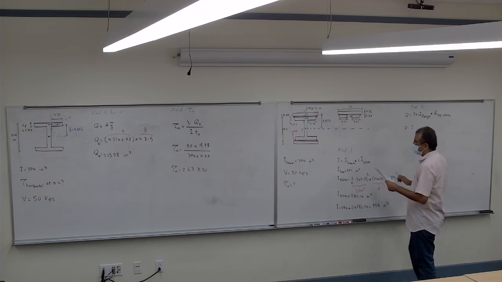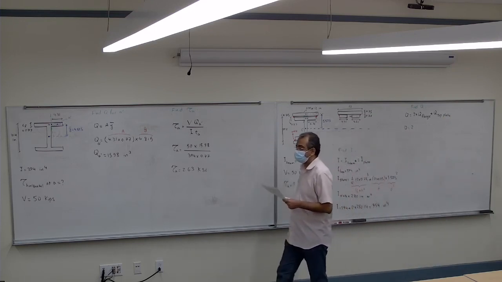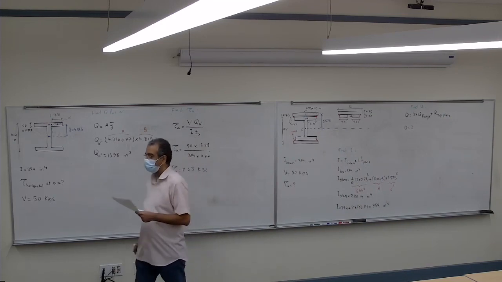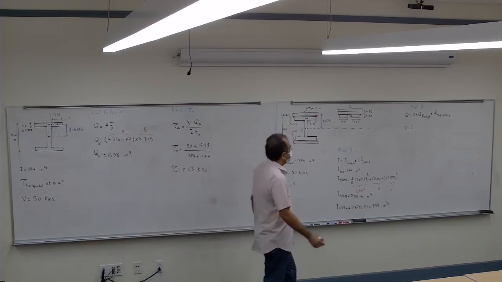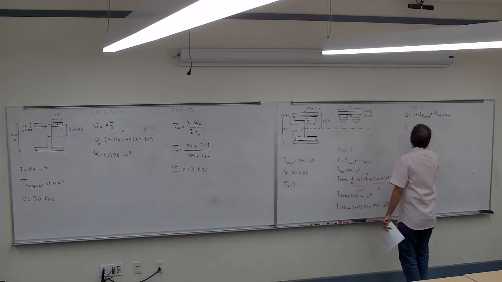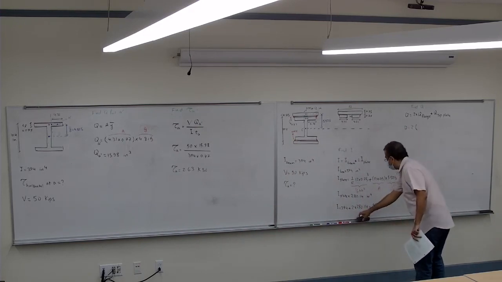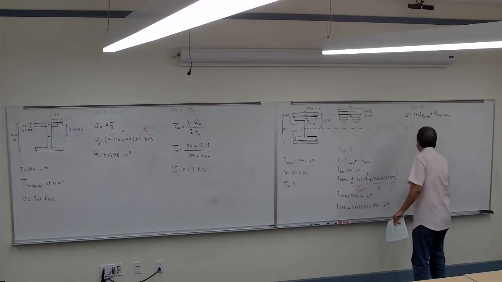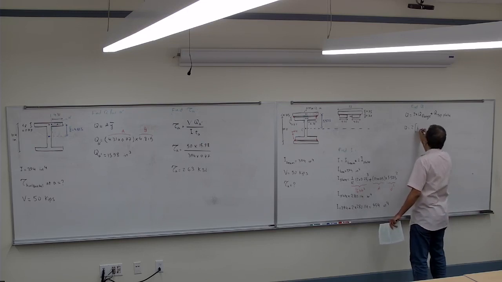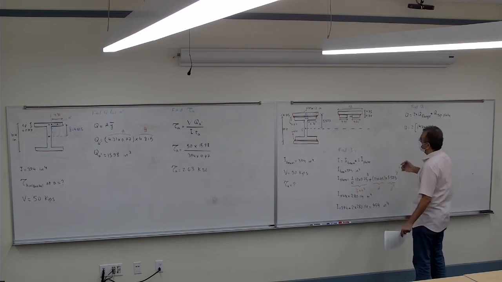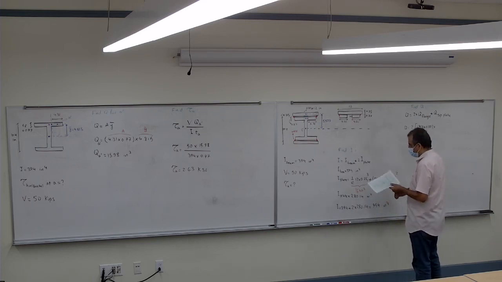How much is the Q for the flanges? 2 times the area by y bar, correct? 2 times the area, which is 4.31 times 0.77, multiplied by the y bar.